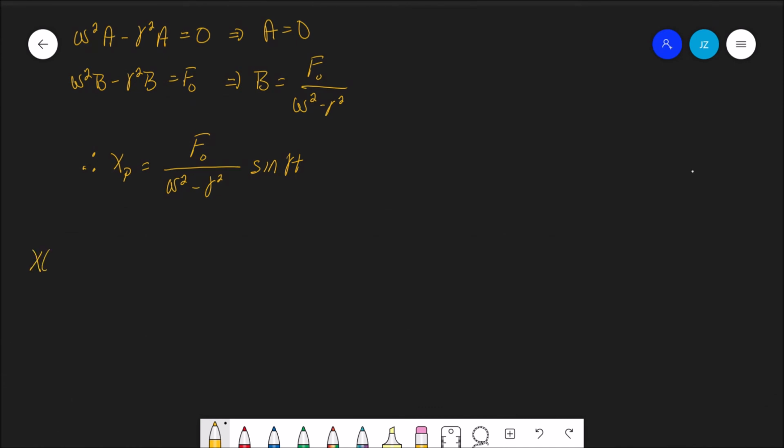And so our general solution: C1 cosine omega t plus C2 sine omega t plus F naught over omega squared minus gamma squared sine of gamma t.